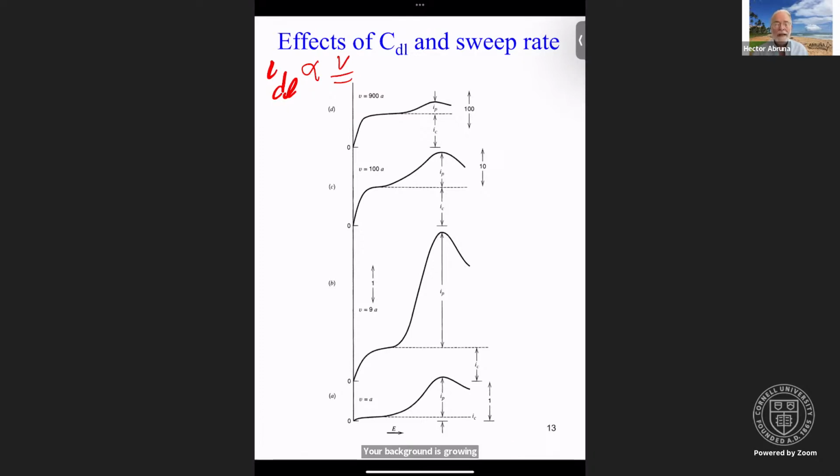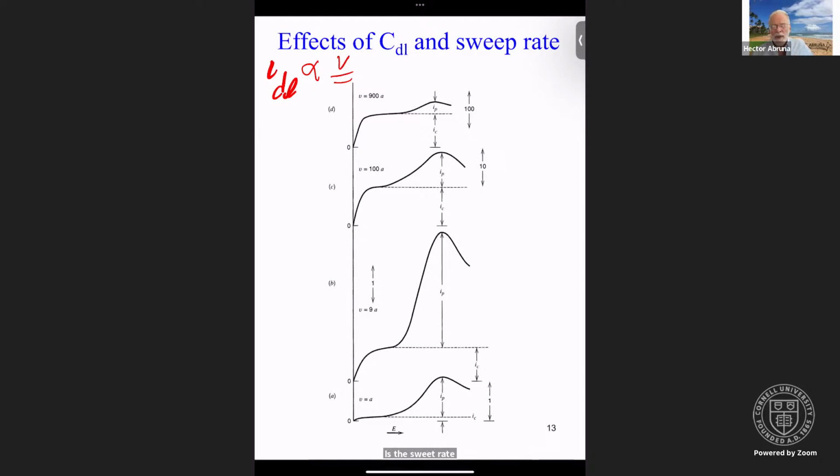And so your signal to noise is degrading as you go to higher and higher sweep rates. And that's a limitation of cyclic voltammetry, because as we'll see in a few minutes, the most important variable you have in cyclic voltammetry is the sweep rate.